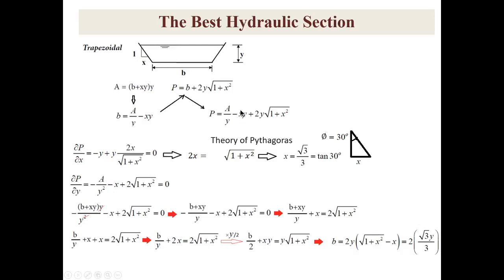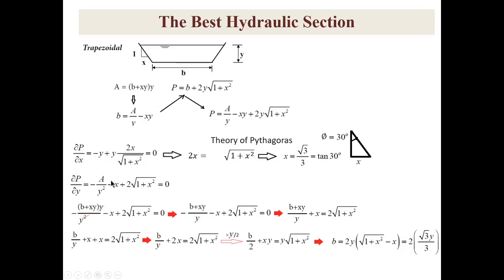The second term, the derivative of the minus xy with respect to the y is minus x, and you see that this is a constant, therefore the coefficient 2 of the y should be the derivative of this term, which will be 2 square root of 1 plus x squared. Again, del p over del y should be 0 to have the minimum value of the weighted parameter.